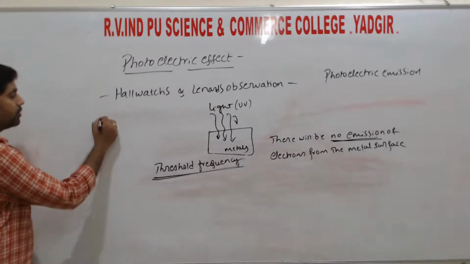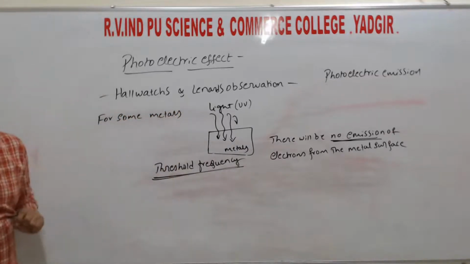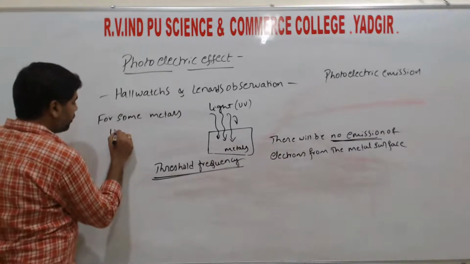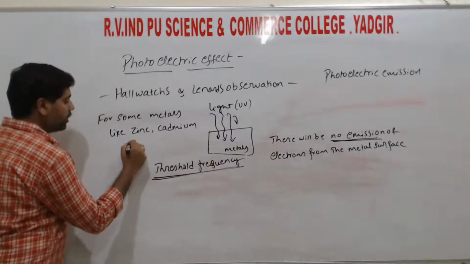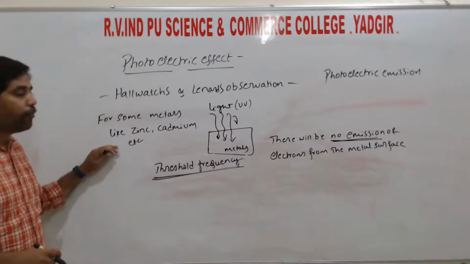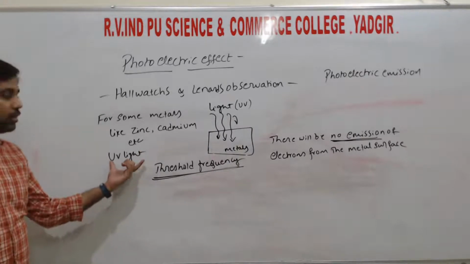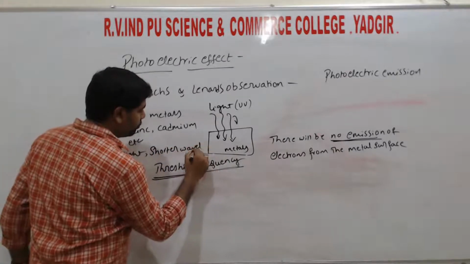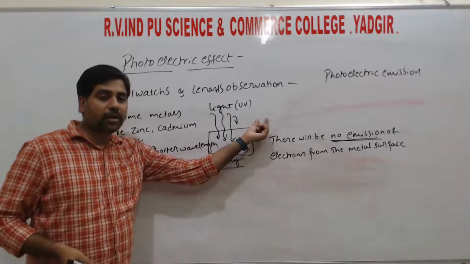For some metals like zinc, cadmium, magnesium, etc., for all these metals, the UV light, that is light of shorter wavelength, is responsible for the emission of the electrons from this metal surface.